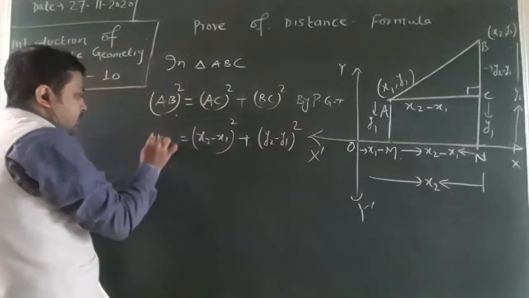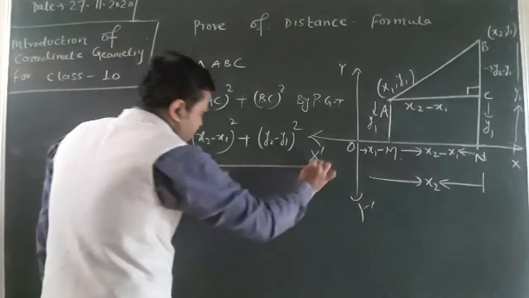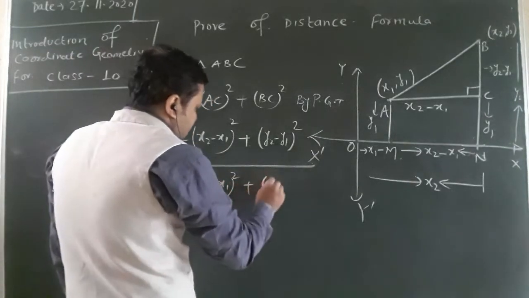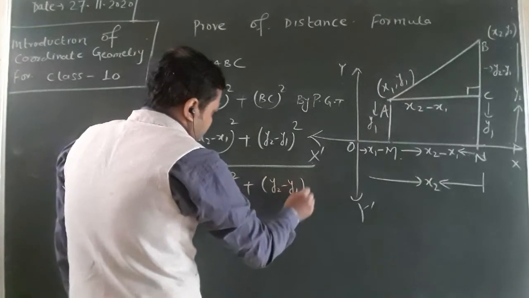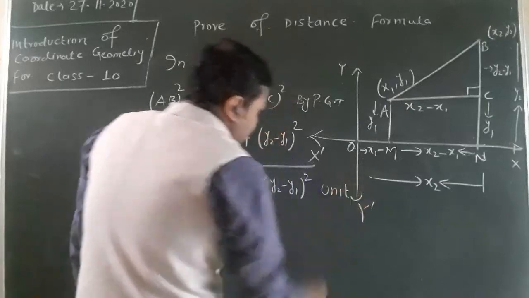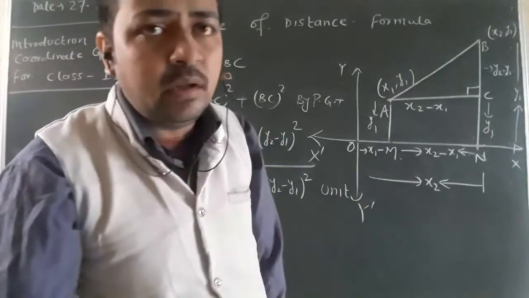And this is AB square. After removing the square, AB is equal to under root of x2 minus x1 whole square plus y2 minus y1 whole square. This is the length of AB, and this is the proof of the distance formula. The proof is not asked in the examination.